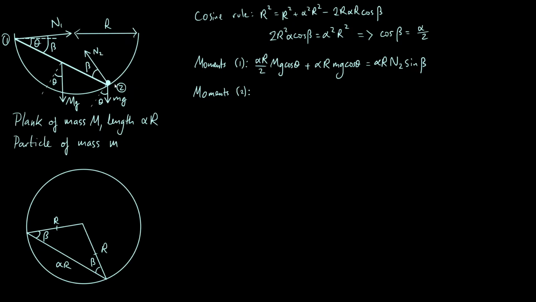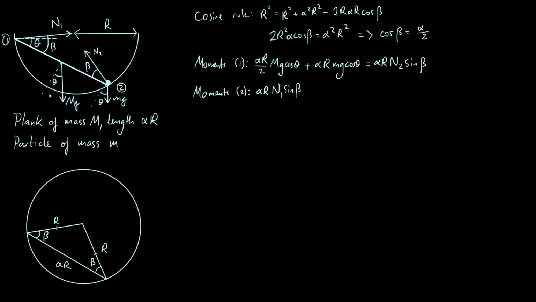From the point of view of point 2, there is a clockwise moment provided by force n1. The force n1 is acting at a distance of alpha r away from point 2, and its perpendicular component is found by multiplying by sine beta. So we get alpha r times n1 sine beta.